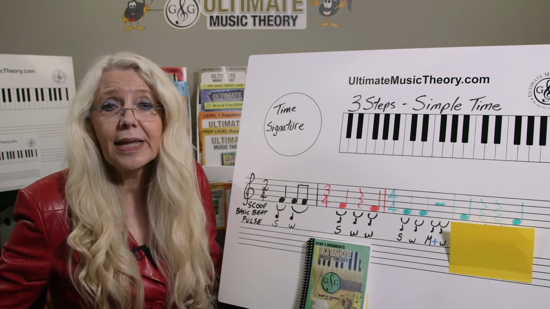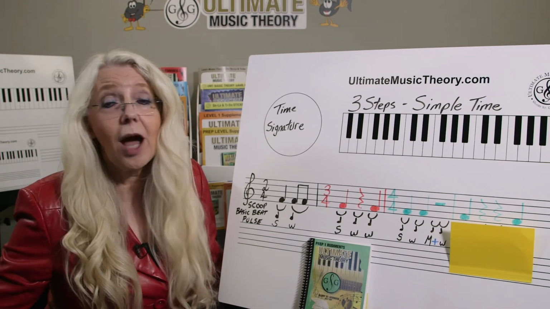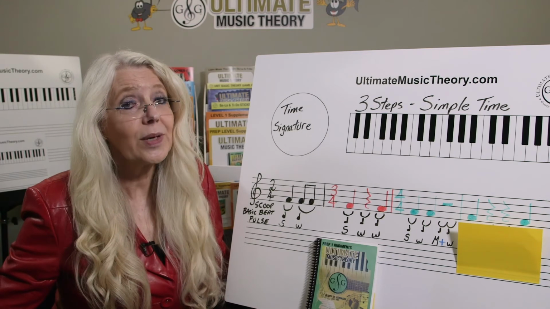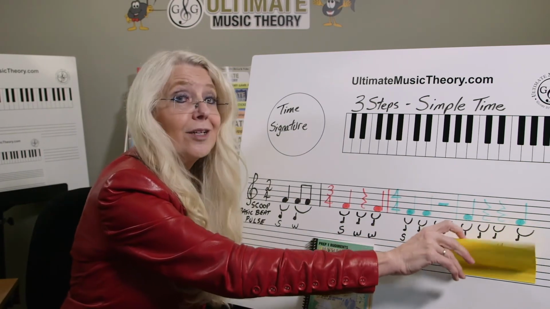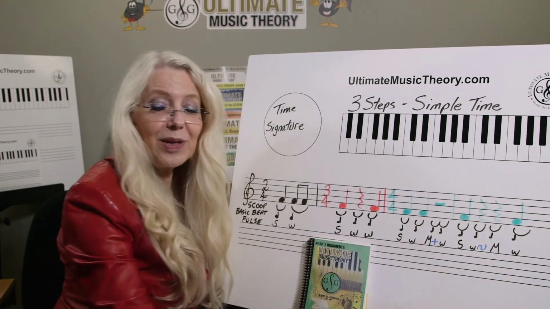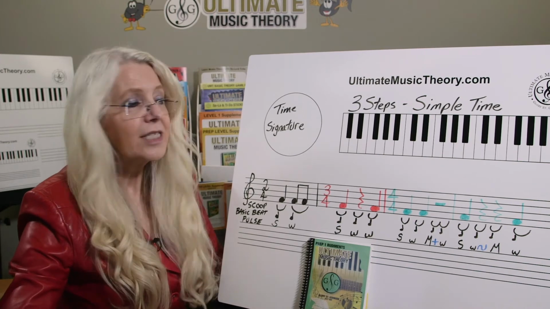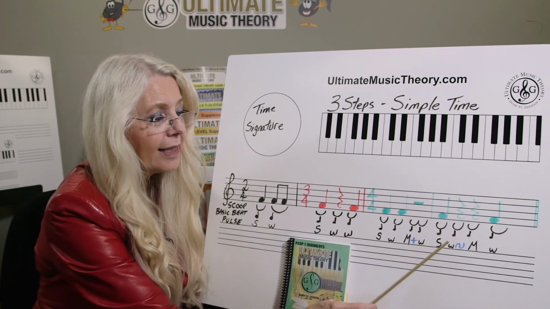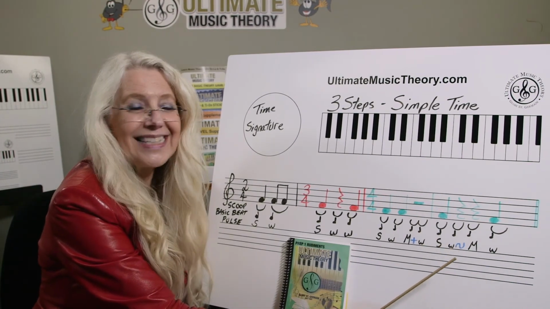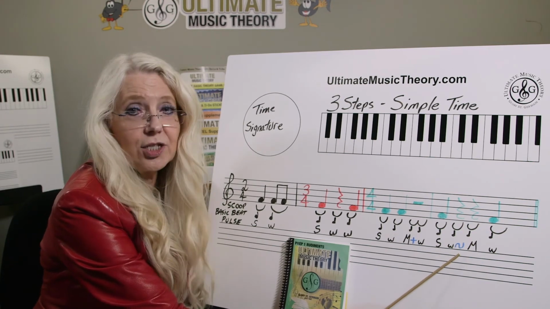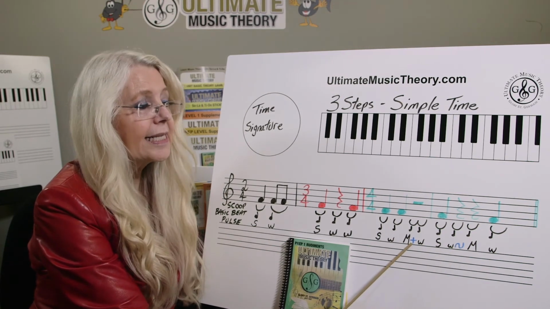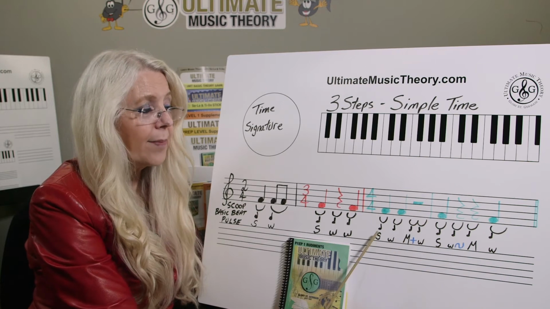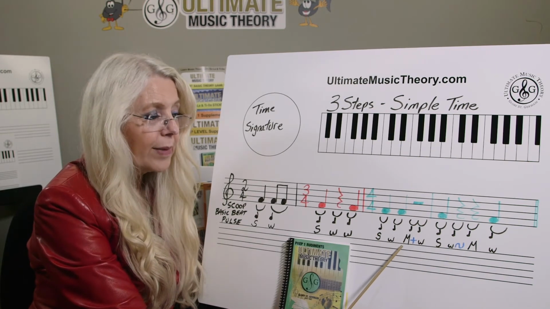We combine them. Now a weak pulse cannot be joined to another pulse. So here we use, drum roll, the tilde sign. The tilde sign is kind of like a little squiggle. It's kind of fun to draw that. And it tells us to not join. So a plus sign says join, combine the beat. We can combine either strong plus weak or medium plus weak.